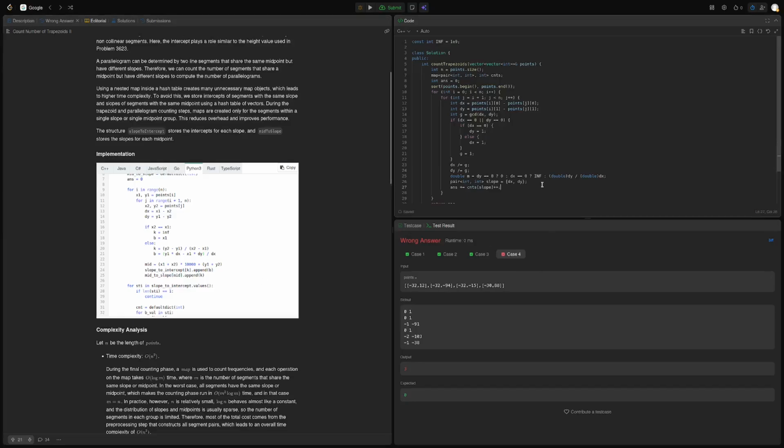I guess you just evaluate the point there because you have the slope, so kx should equal y, so we do y minus kx or mx. So double D is like points I1 minus m times points I0, maybe.